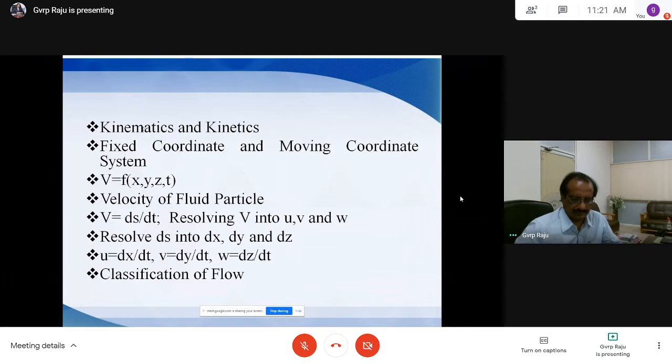Then how will you describe the fluid motion? In simple words, you can say that fluid kinematics is a space-time relationship.